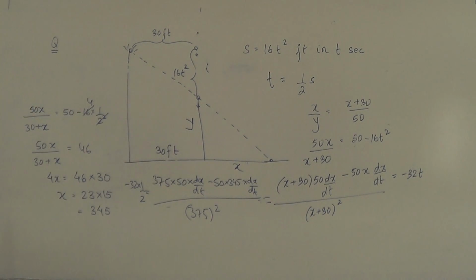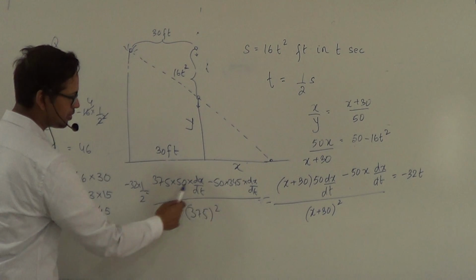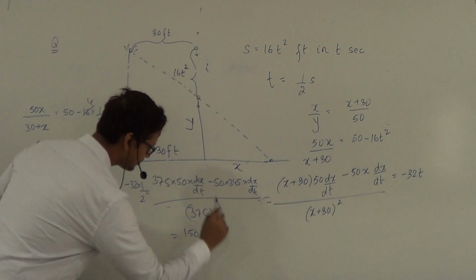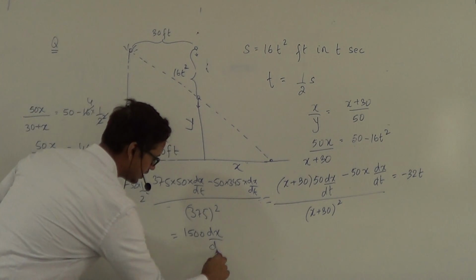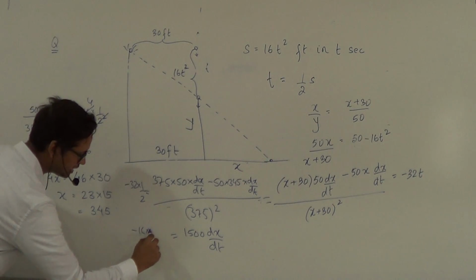On the numerator we can easily simplify because 50 is a common factor and dx by dt is a common factor, so I will be left with 1500 dx by dt. Okay, and this is minus 16 into 375 square.